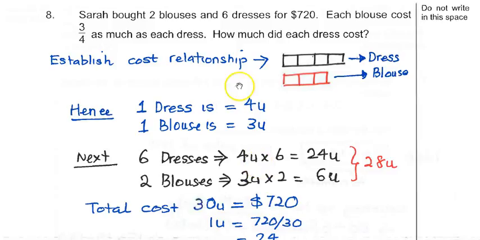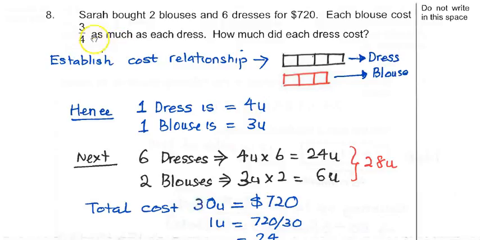Sarah bought 2 blouses and 6 dresses for $720. Each blouse costs 3/4 as much as each dress. How much did each dress cost? Now look at the relationship first, very important, for just one dress and one blouse.